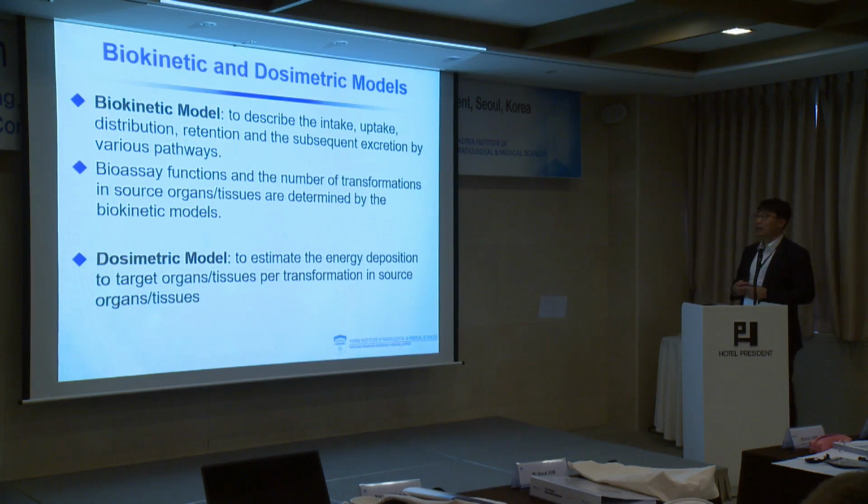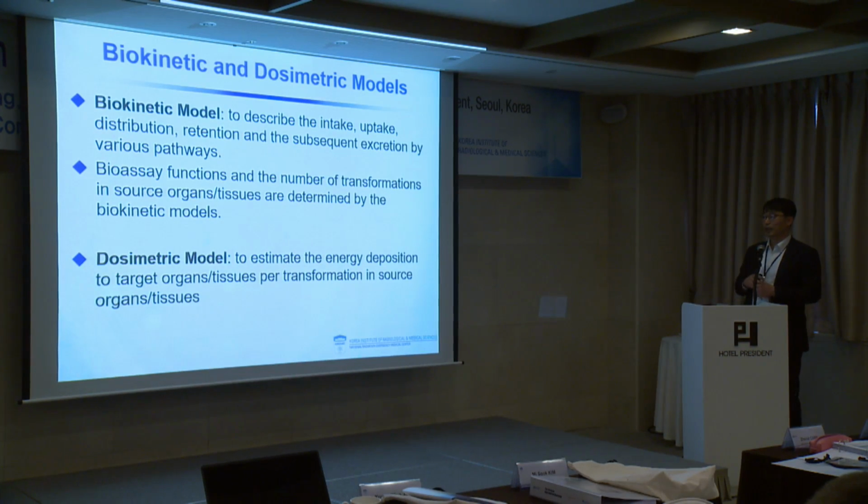And the biokinetic model was developed to describe the intake and uptake, distribution, retention, and the subsequent excretion by various pathways. This is the biokinetic model developed in ICRP. And bioassay functions like body retention fraction or excretion fraction, and the number of transformations in the source region, are determined by this biokinetic model.